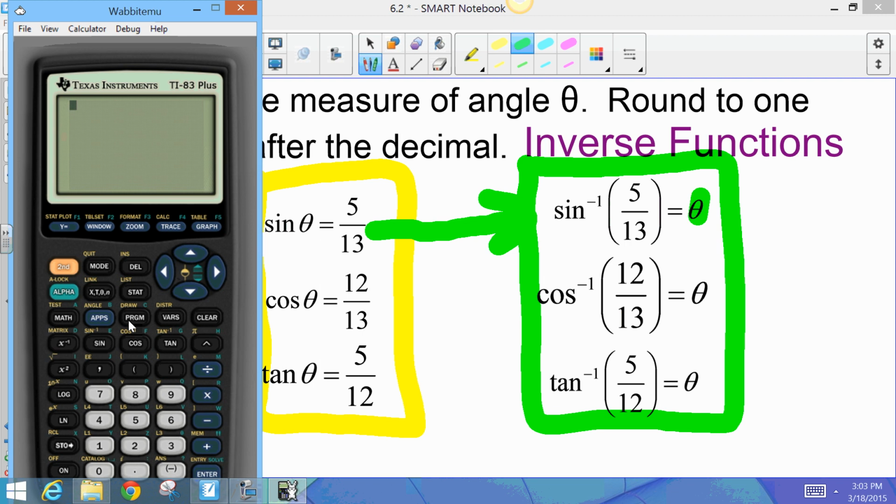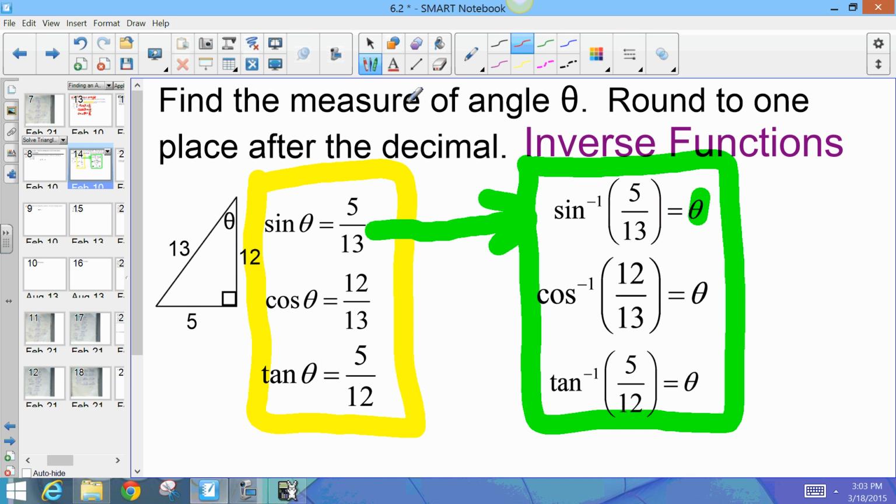So I am going to hit second sine of 5/13. So that tells me that theta is 22.6 degrees.